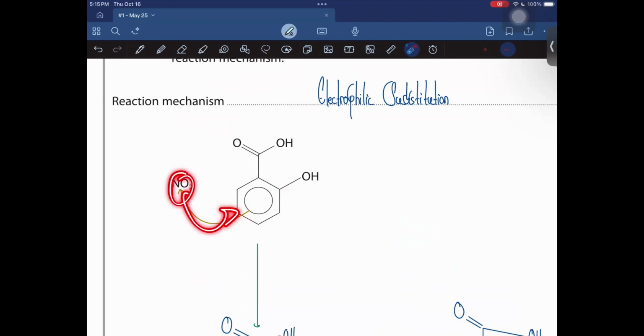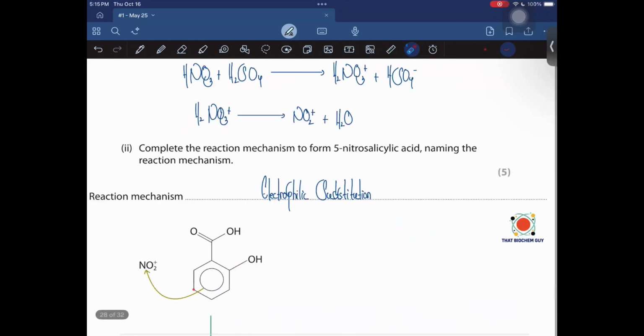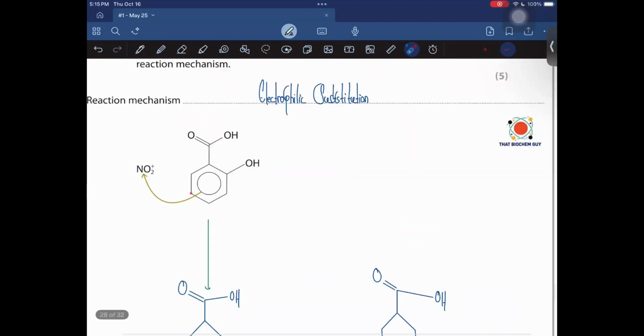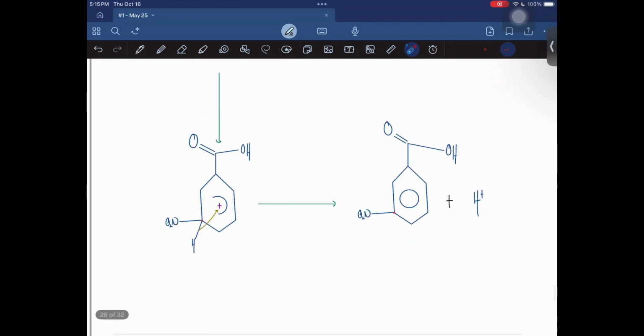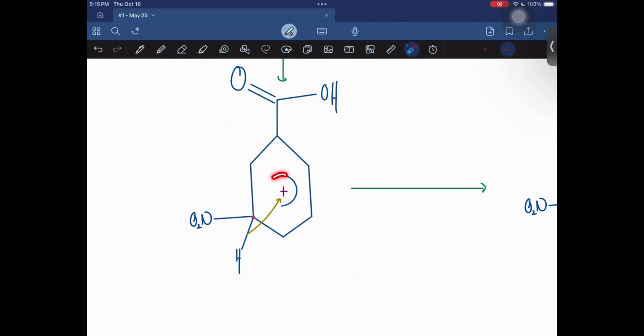Now comes the most important part of it. First of all, the electrons from here will be going towards the electrophile, and once they go to the electrophile, the ring would become like this, because the electrons are already taken by this to make this bond. Now, this thing is what we refer to as a horseshoe.